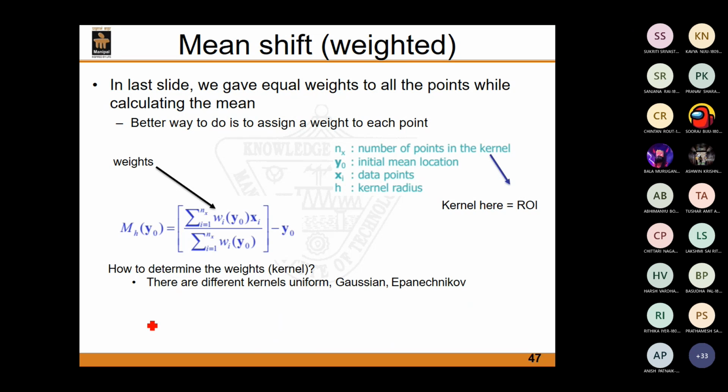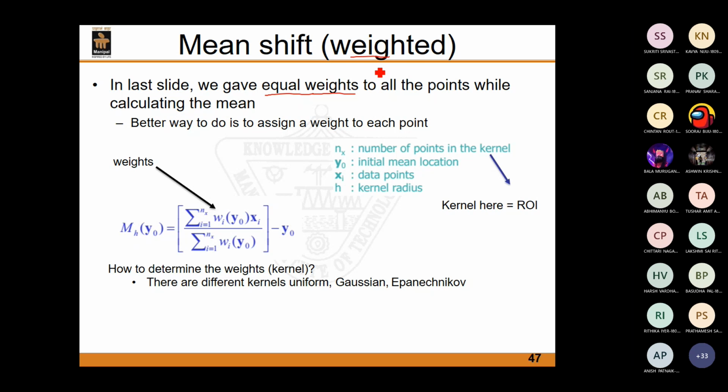Okay, so in the equation which we saw in the previous slide, we just took an average of the different data points present in the circular region of interest in order to find out the present estimate for the center of mass. A better approach would be to consider a weighted mean shift vector.